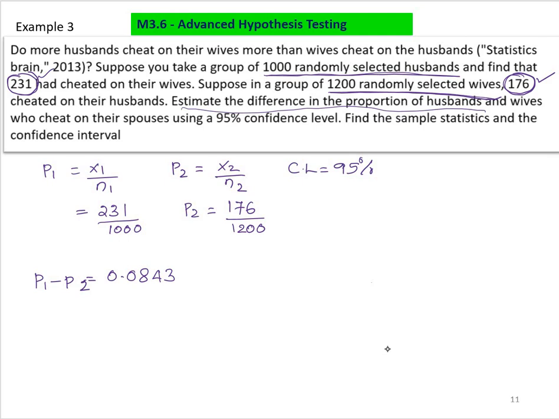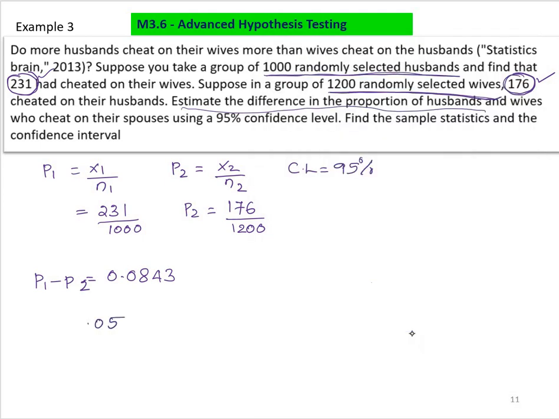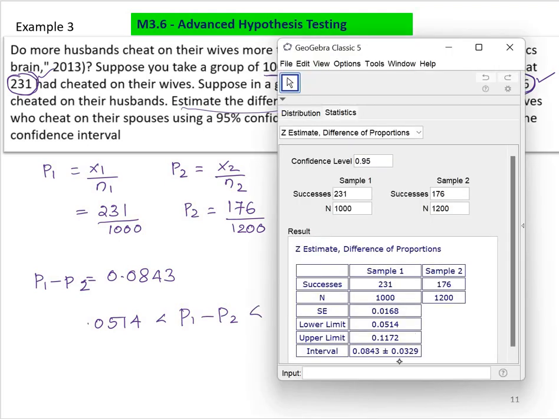And the sample statistics that is given, and then we want to find the confidence interval. The confidence interval, the lower limit is 0.0514, less than P1 minus P2, that is the point estimate, less than, and the upper limit is given, it is 0.1172.